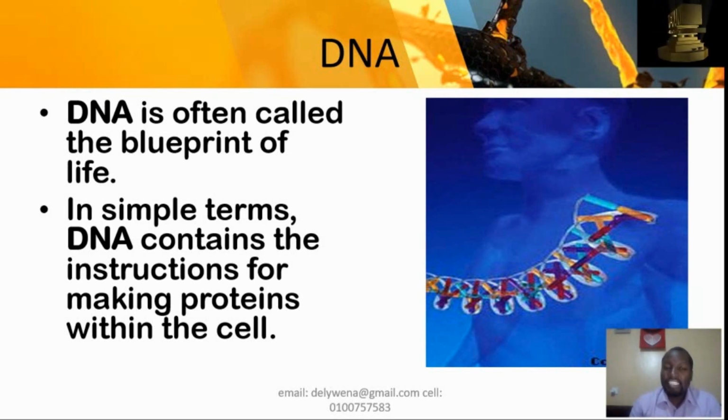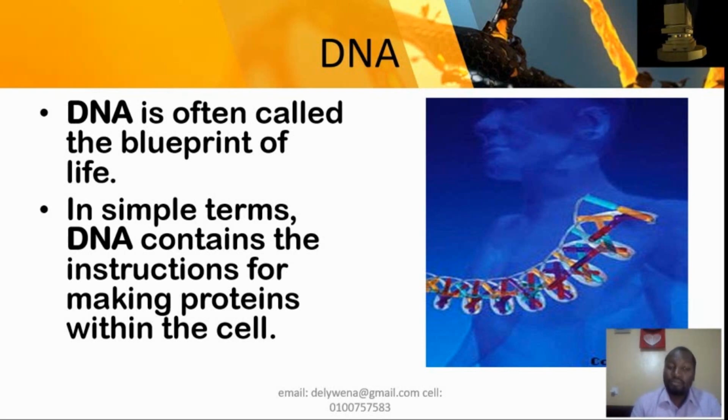The DNA is an abbreviation for what we call deoxyribonucleic acid. Now, the DNA molecule carries a code that instructs the cell about which kind of protein it should make.